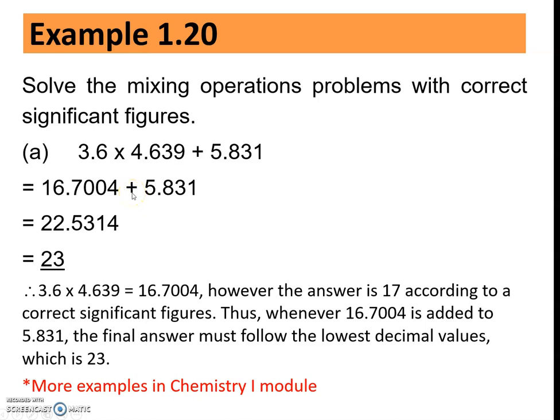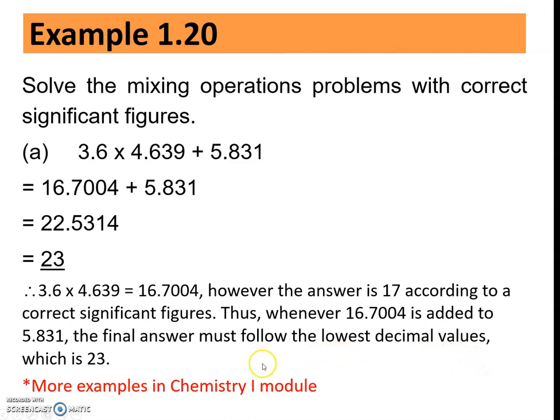As I mentioned before, this is actually 17, meaning that it consists of 0 decimal points. However, this one consists of 3 decimal points: 1, 2, 3. That's why your final answer is 23, because you have to follow the value with the lowest decimal point.